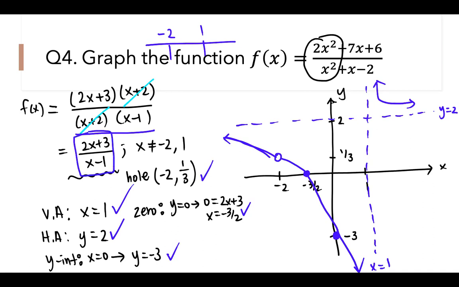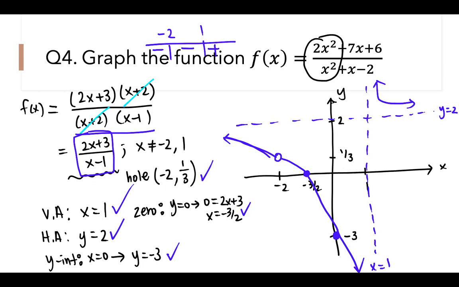So it's going to be negative. And let's plug in a number that's in between -2 and 1, which is 0. So 0 is positive over negative, it's going to be negative. And let's plug in a number that's greater than 1. So it's going to be positive divided by a positive number, positive.